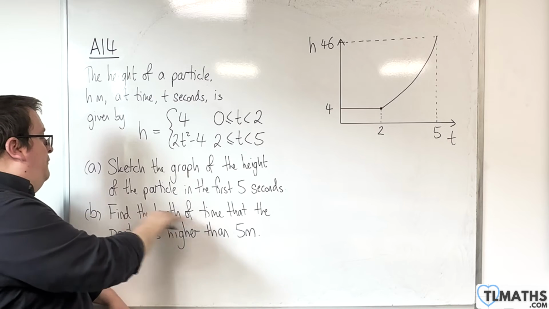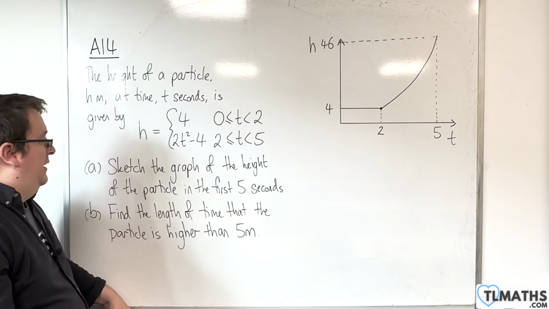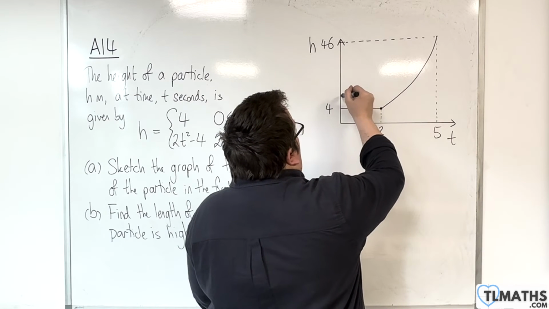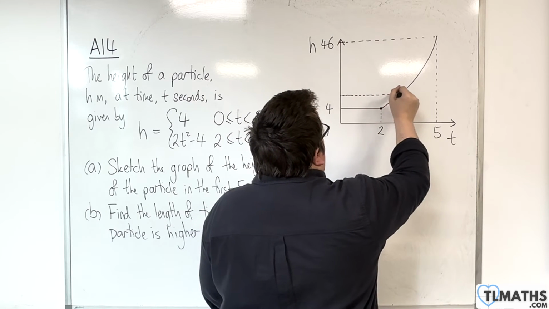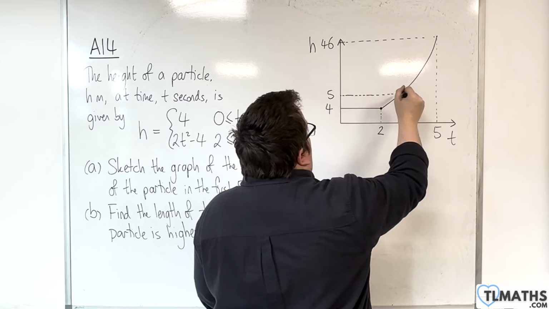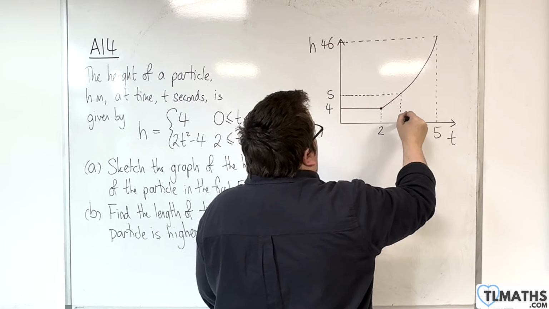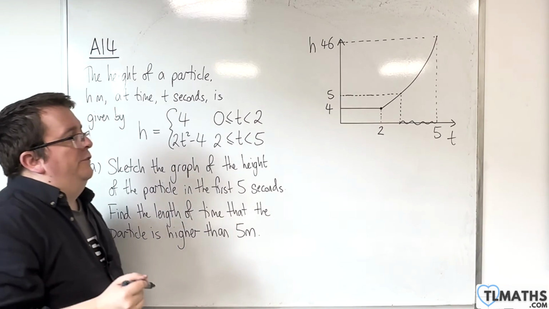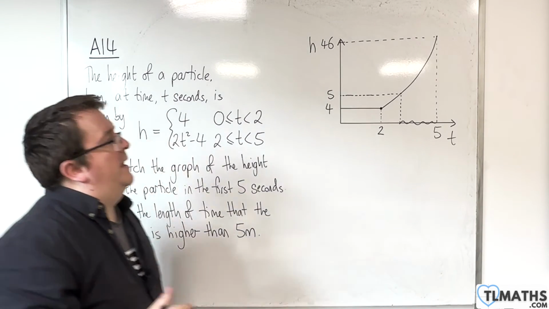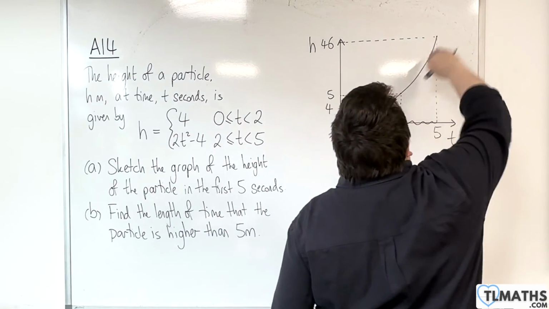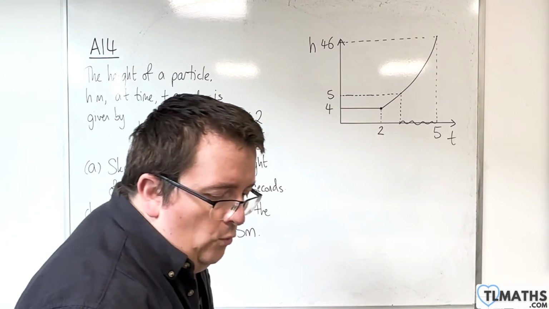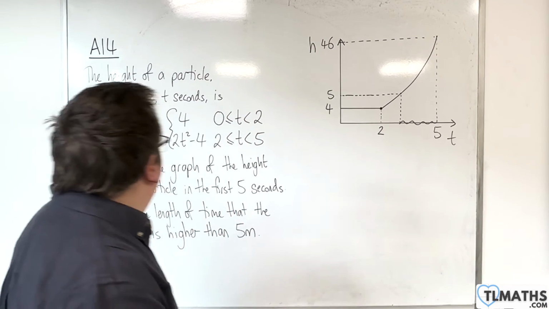So part B, find the length of time that the particle is higher than 5 meters. So there's going to be a point here where we're at 5 meters, and this is the length of time that we're going to be above 5 meters. So we need to work out when it's at 5.